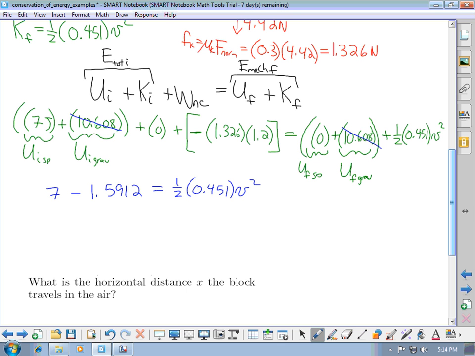So if I solve for my speed, I get the square root of 23.986, which is 4.898.